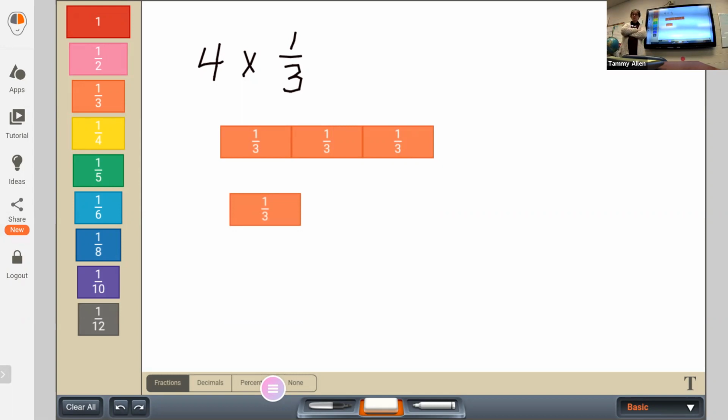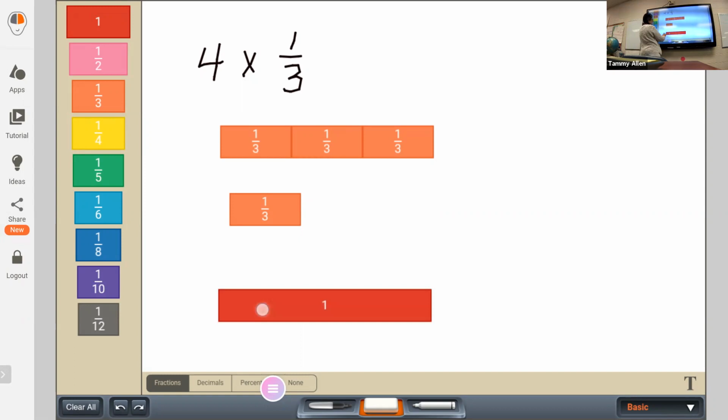So what I did was, we're gonna go through this whole exercise. I did that, so I got 4 thirds. Now, what we could do is drag a whole amount down and start filling in.